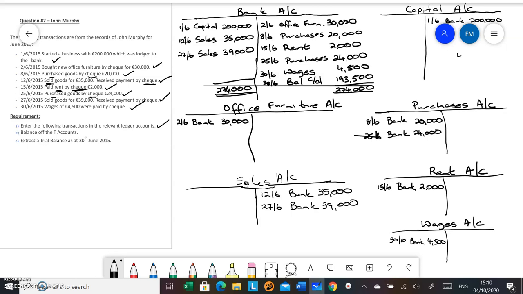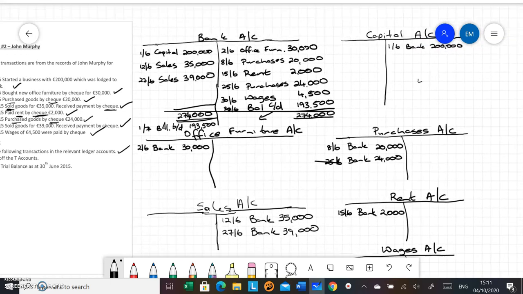And then that balance carried down will become your balance brought down on the 1st of July. Balance brought down of 193,500, and that is your bank account closed off.